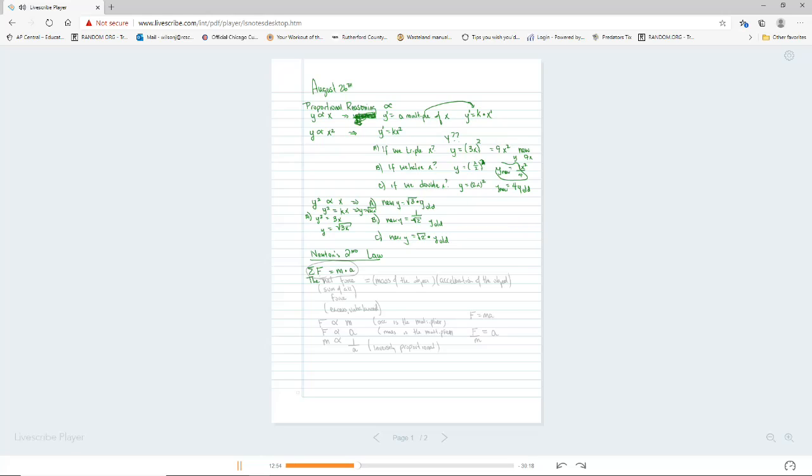So, the net force, sum of all forces, excess, unbalanced force. All of these words mean the same thing. Is equal to the mass of the object times the acceleration of the object.